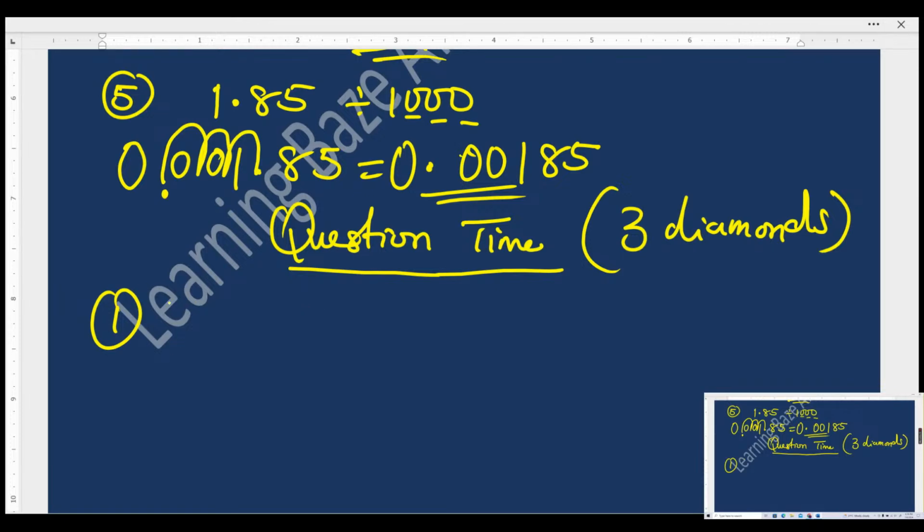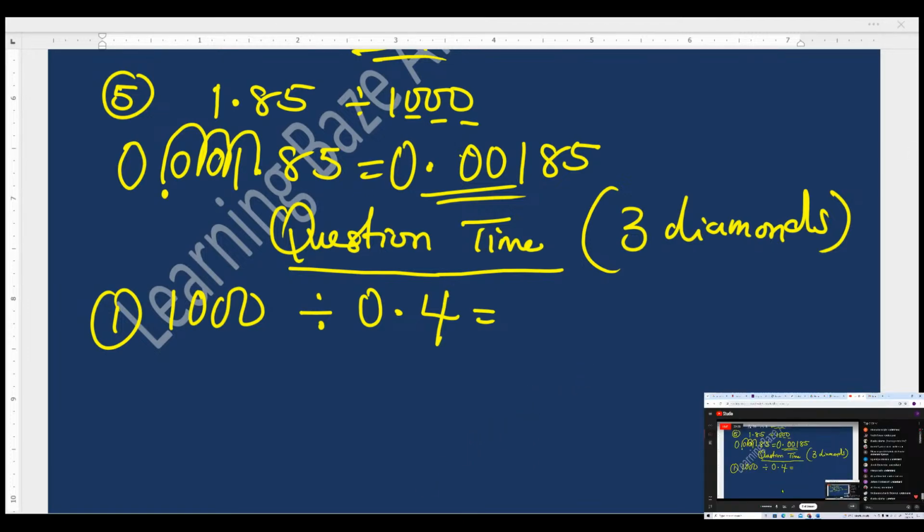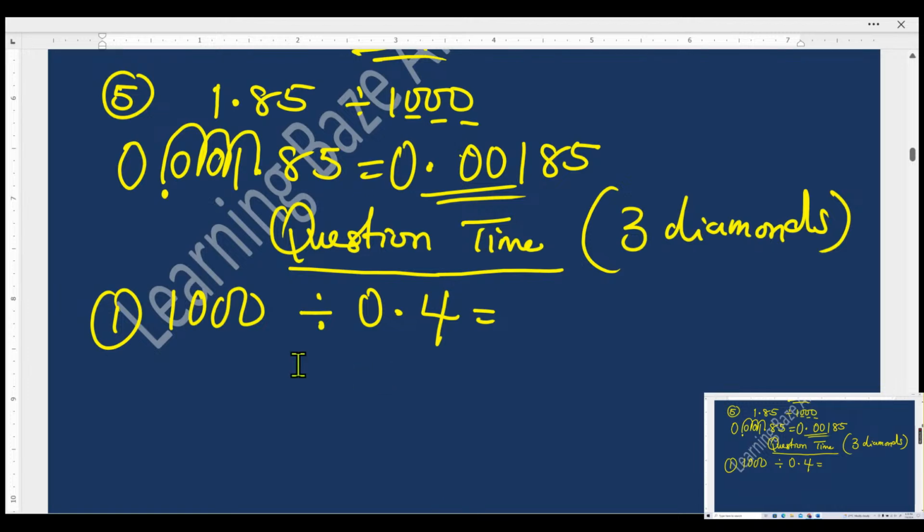Now, this is the first question. So this is my first question. I'm only picking the first 5. So do that now. What is the answer to this question? 1000 divided by 0.4. Oh, I'm sorry. Let me rephrase the question. It should be 0.4 divided by 1000.